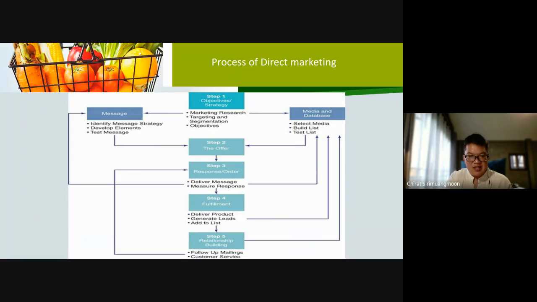If you can do that, it can return to step three, respond and order. Or if it's not good, you try to convince them to have a good response, change something, or offer them something else. In this case, you also send it to the database. So here is the whole process of direct marketing.